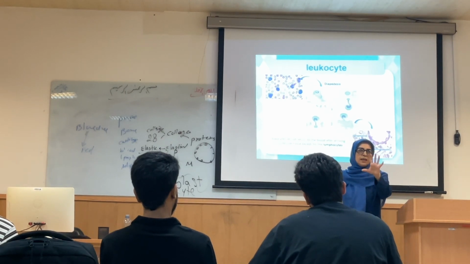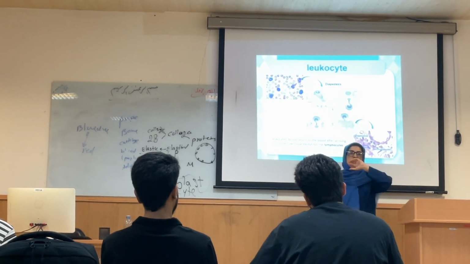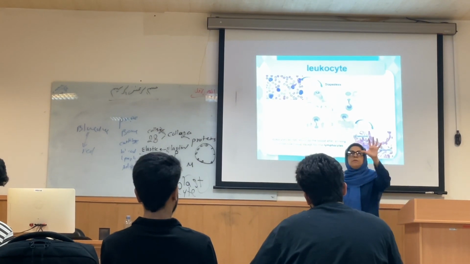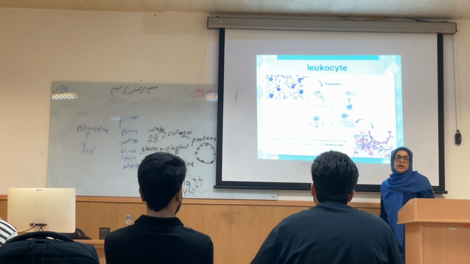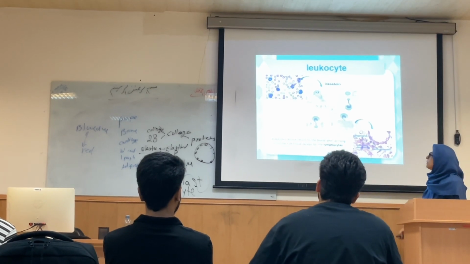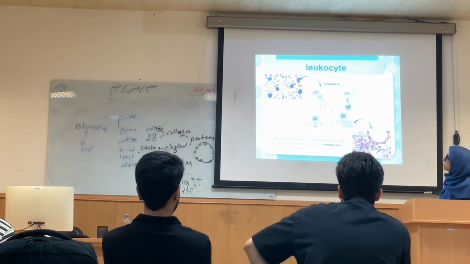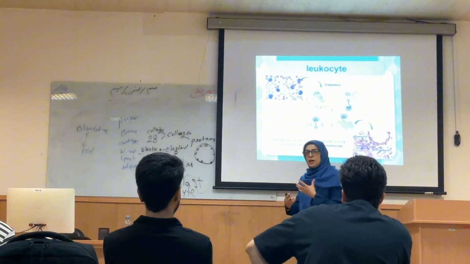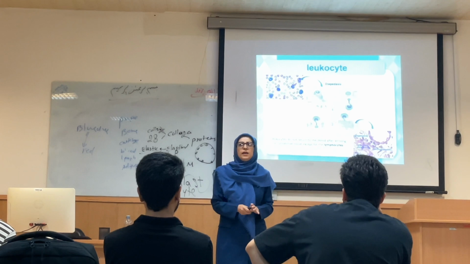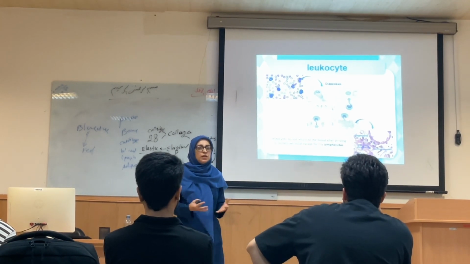All of these cells, except the lymphocyte, must migrate to connective tissue and do their function in the connective tissue. Because of it, they are cells of connective tissue. When they migrate to connective tissue, they do their function and die in the connective tissue. Sometimes maybe without any function they die.